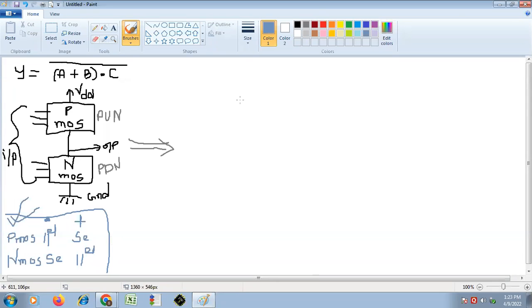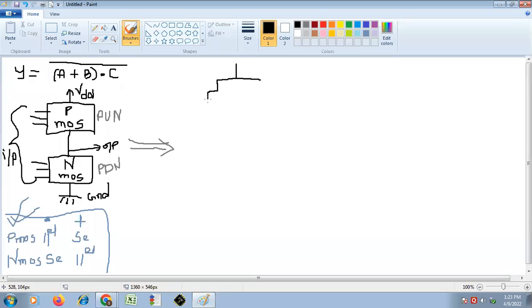Now we will start to implement this. First thing, A plus B. First we will go for the PMOS implementation, that is the pull up network. In case of PMOS, this plus is represented by series.